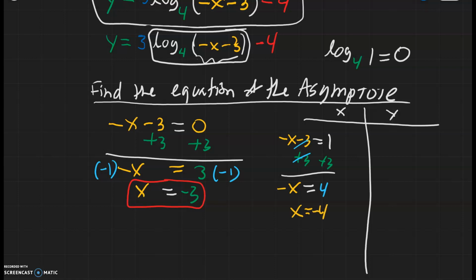So negative 4 is actually the value that we want. I'll go ahead and box that right there. What happens when that's a negative 4 in there, what we get in here is a 1. So all of this becomes 0. 0 times 3 is 0, and so y equals negative 4. It's just a coincidence that they both equal negative 4 in this case. So that's my y value.